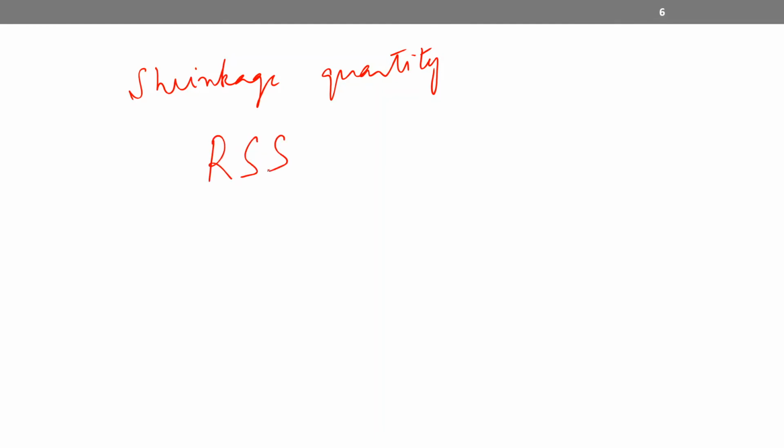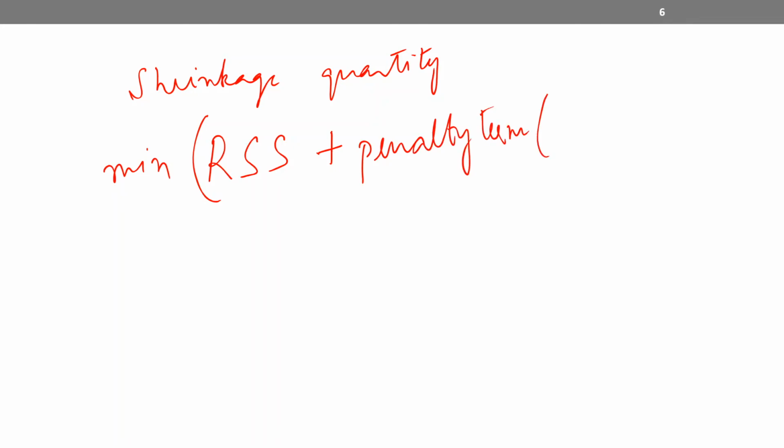What happens is that a shrinkage quantity is attached. Let me write a shrinkage quantity, which is nothing but a function of those estimates themselves. I have the residual sum squares already, and I'm trying to minimize this. But in addition, I'm also trying to minimize a penalty term, which is also a function of those estimates.